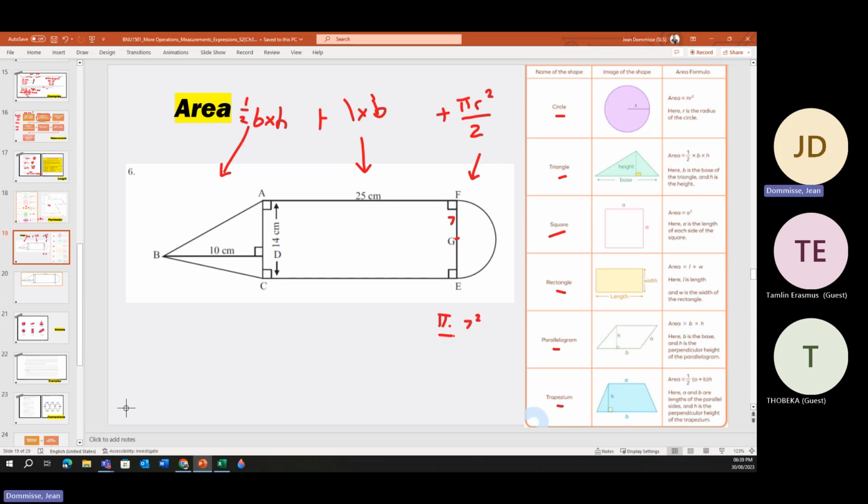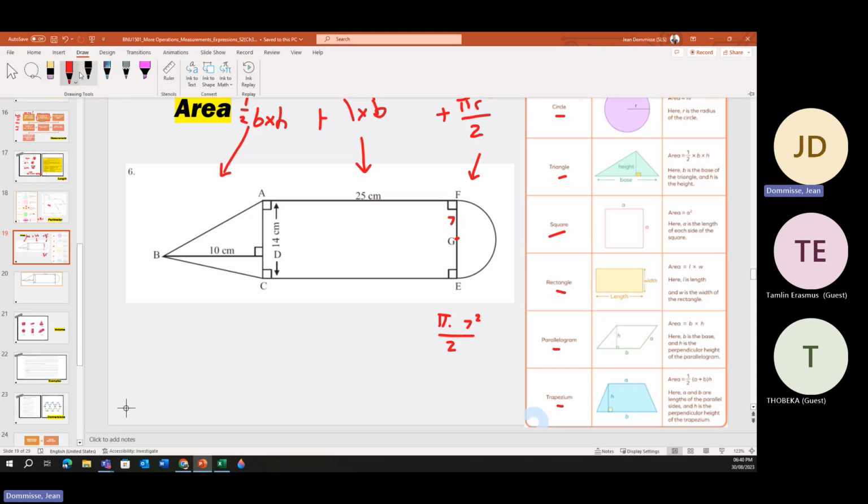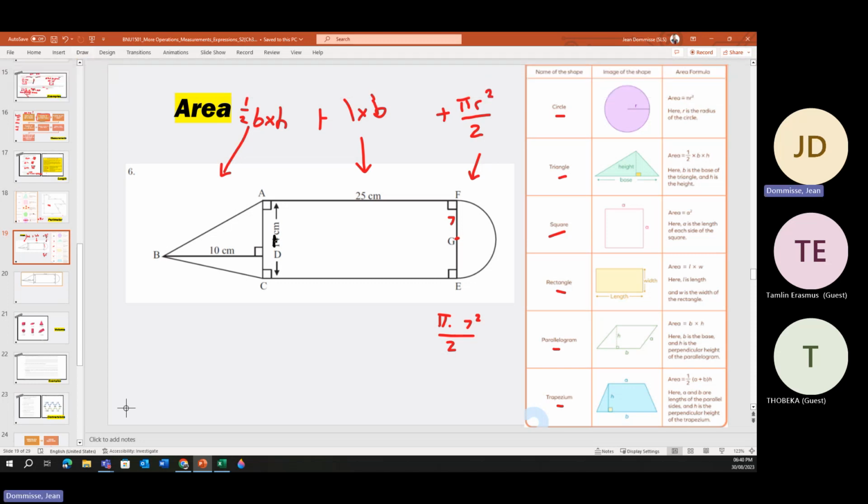What they could have done is, they didn't need to give you this. So they could have excluded that, and they could have done this, and just drawn that and say that is 7.